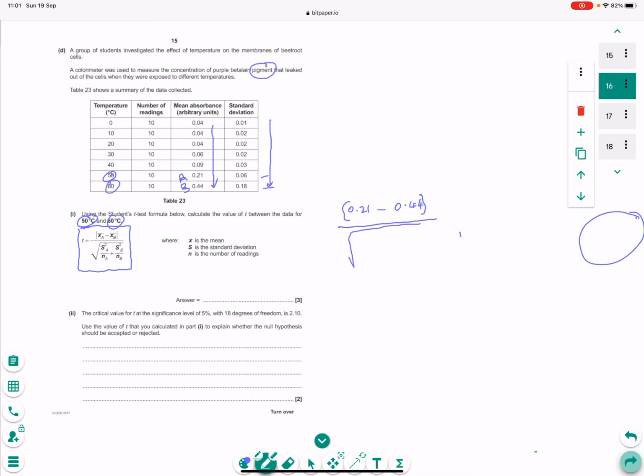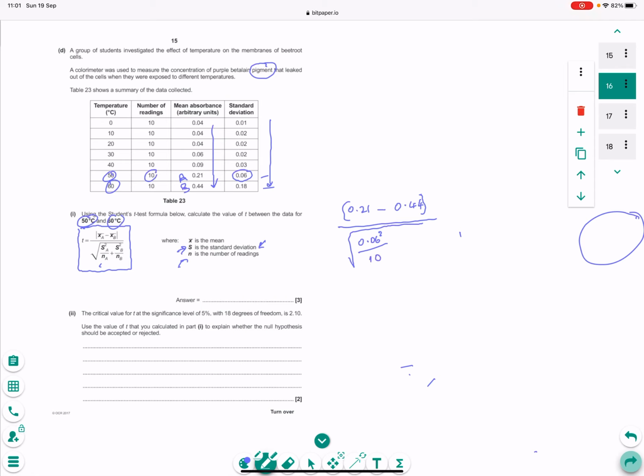And then we got a bunch of stuff here. So S is the standard deviation. SA is that one. So you've got 0.06 squared. N then is the number of readings, which is 10.